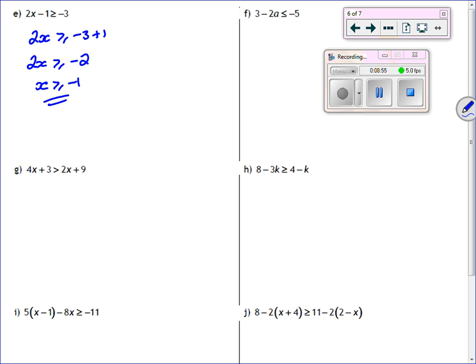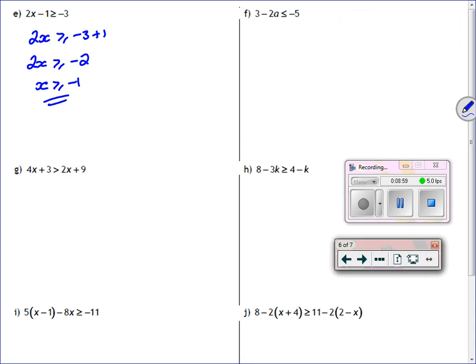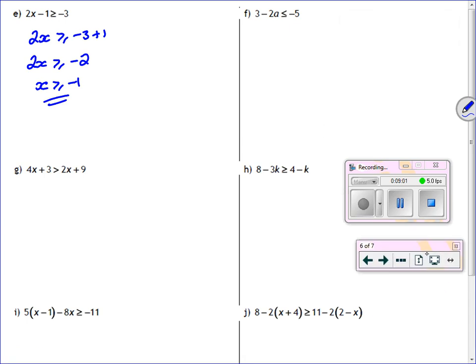Example F. We have 3 minus 2a is bigger than or equal, sorry, I'll say that again. 3 minus 2a is less than or equal to minus 5. So let's take the 3 across. So we get minus 2a is less than or equal to minus 5 take away 3.